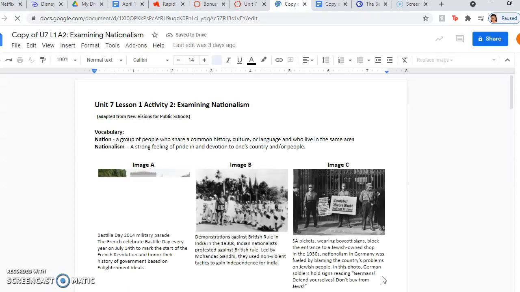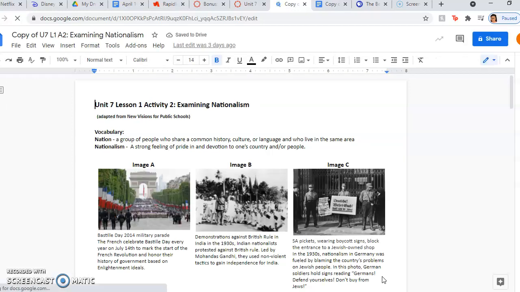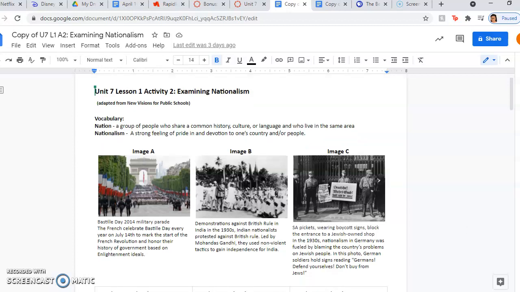They gave you 3 images, one from Bastille Day, which was actually in 2014, and then one that showed a demonstration in India where they were protesting against British rule, and then the last one is image C, where you actually had German soldiers who were wearing boycott signs, blocking the entrance to a Jewish-owned shop.